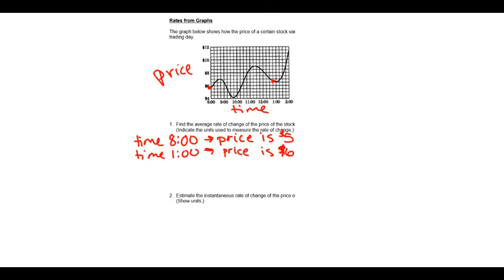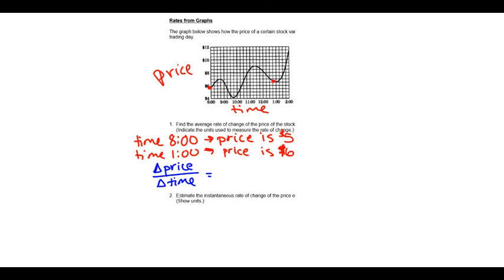So using that information, we want the average rate of change. So we want the change in price over the change in time. So we're going to have the price at time 1, because that is our furthest out.